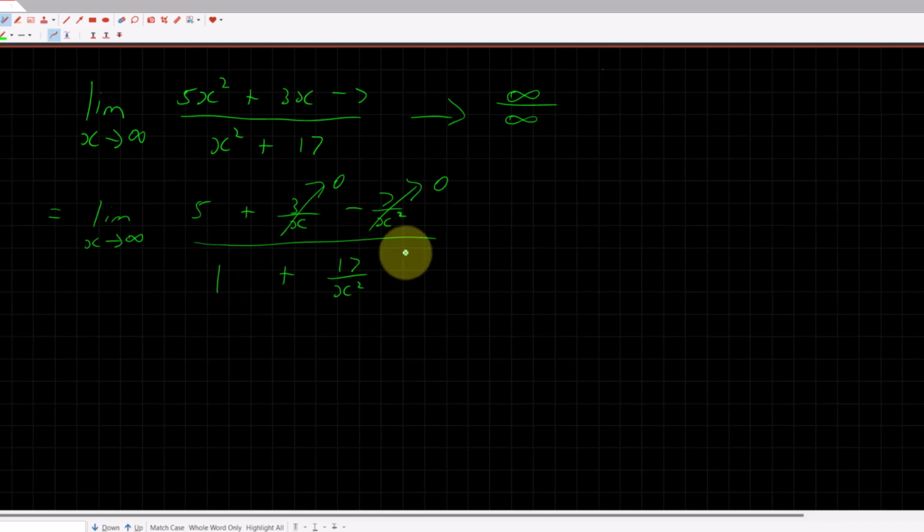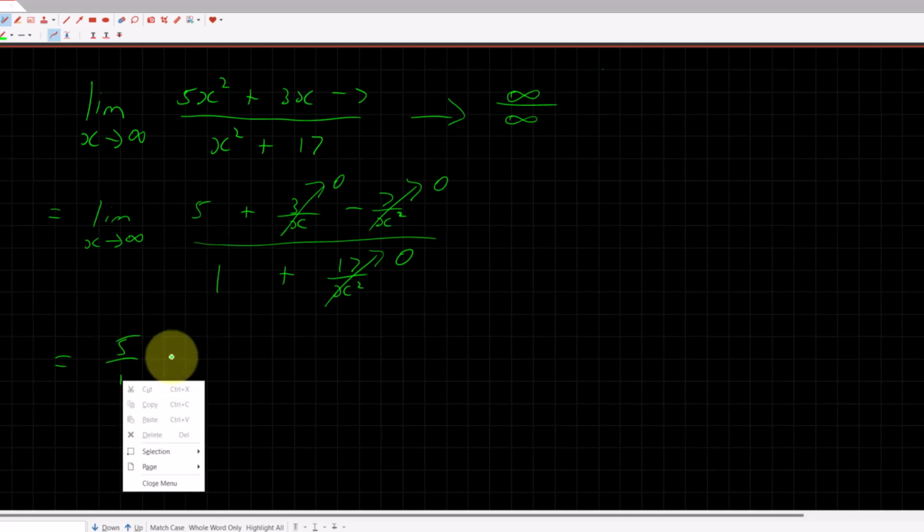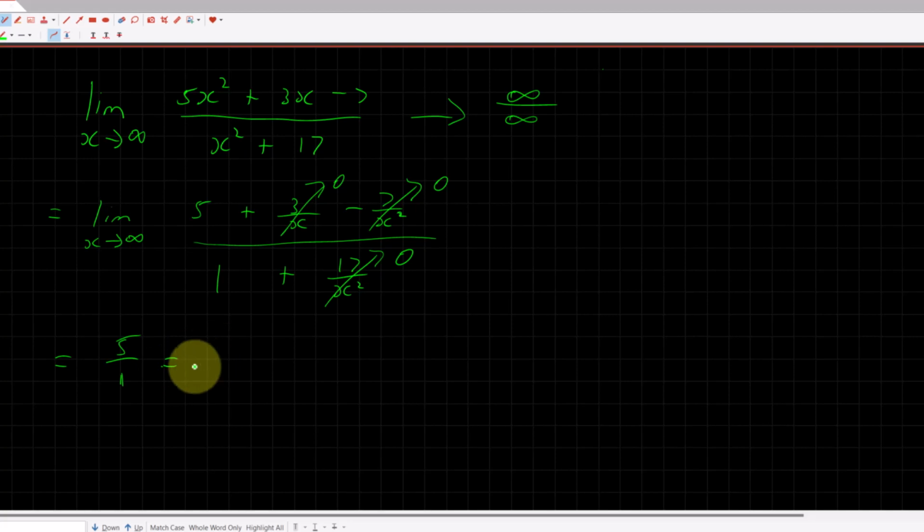We have a 1 there. 17 divided by infinity squared, that will give us 0 again too. So this limit is now equal to 5 over 1. That is the only two numbers left. So 5 over 1, which is of course 5. So the limit of this function here as x approaches infinity is equal to 5.